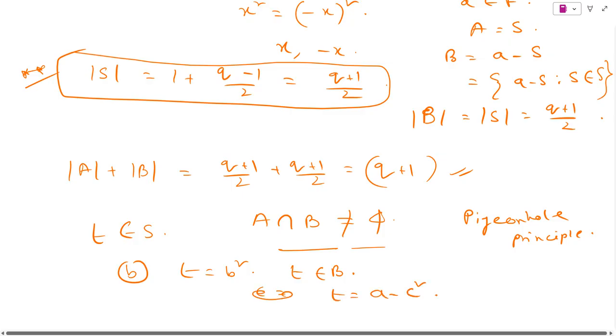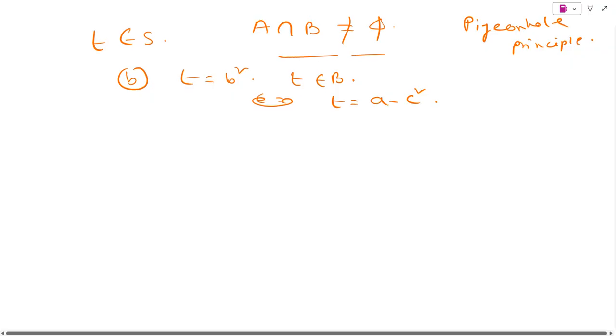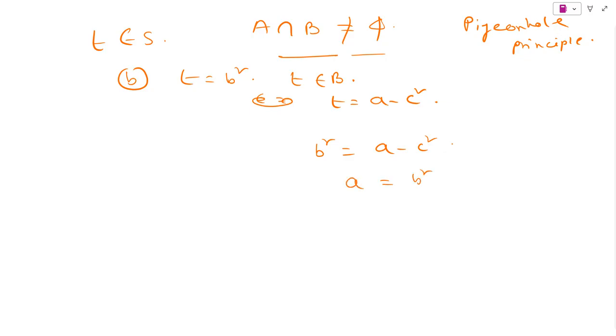Now equating the two, B squared is A minus C squared. So rearranging, A equals B squared plus C squared. And since A was arbitrary, every element of the field is a sum of two squares. So hence proved.